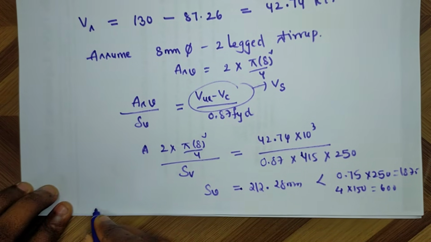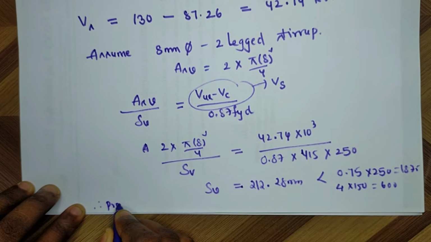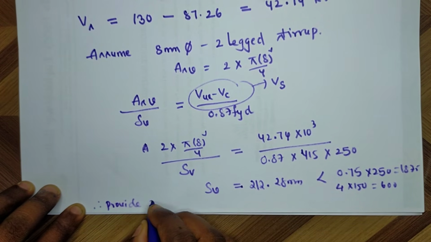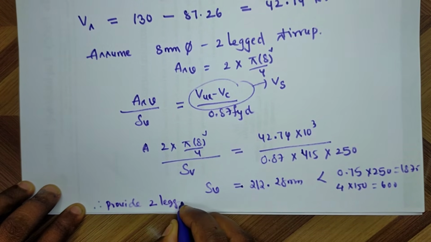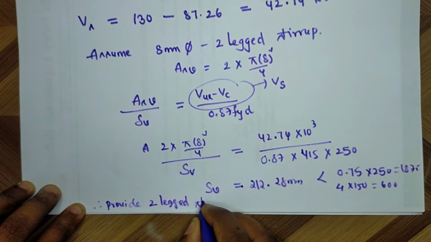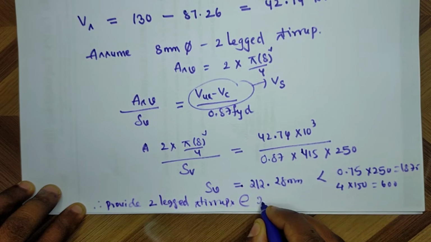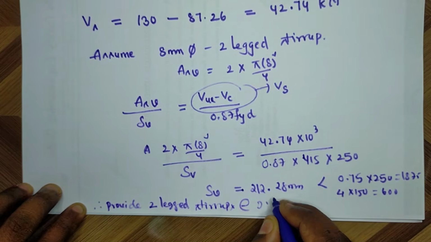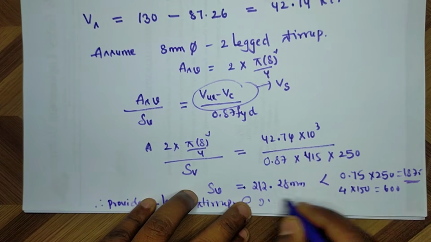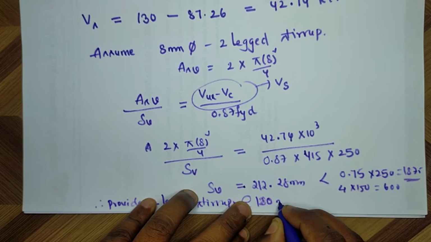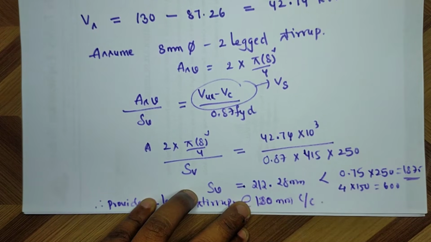That's why provide 2-legged stirrups at 180 mm center to center, less than this. This is the problem.